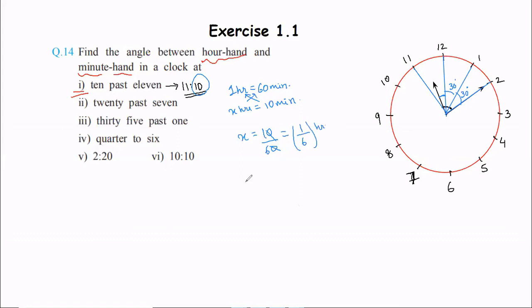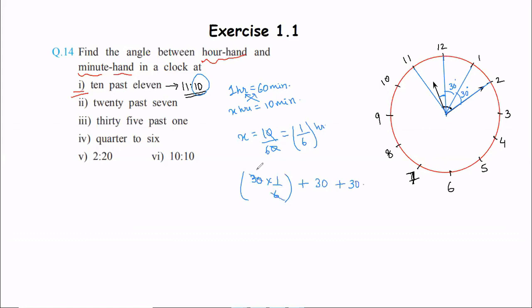So for calculating this, I'll multiply the remaining 30 degrees by 1/6. There is already 30 degrees between 12 and 1, and already 30 degrees between 1 and 2. So 1/6 of 30 degrees, let's calculate this, cancel it out.